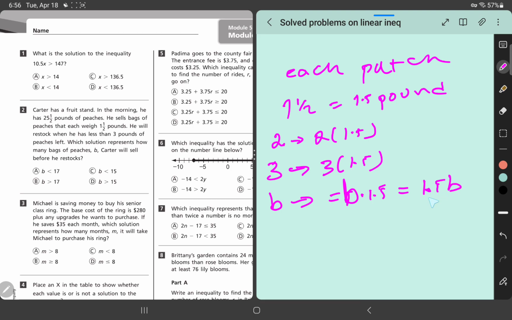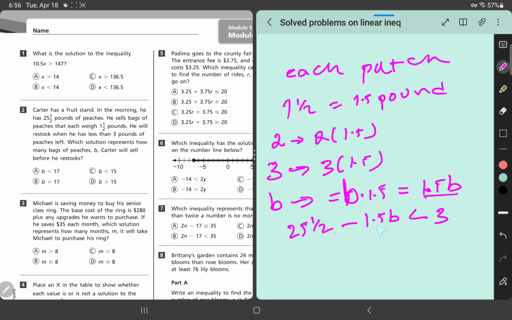This is the weight of the peaches sold. So the total is 25.5 pounds minus the amount sold, 1.5 times b. It is required to be less than 3 pounds. This is an inequality.